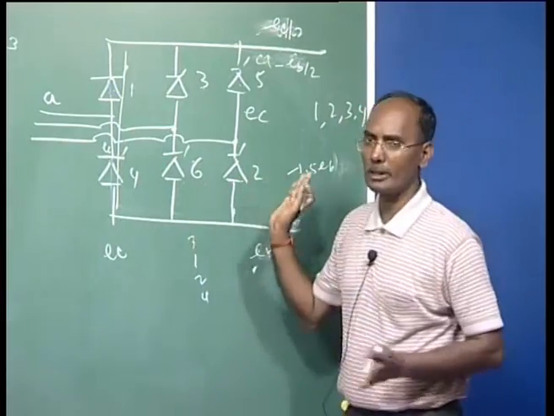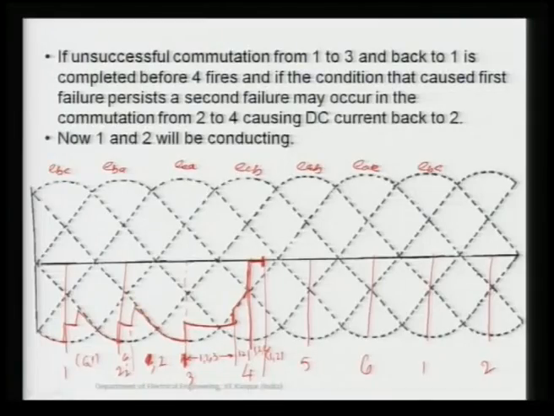Now EAC will be there, and we have to see where your voltage is. Again it depends on how much time u is taking. If u is here, then it will follow here. If it is coming here, then it will go here. And then it will be going up to this point.